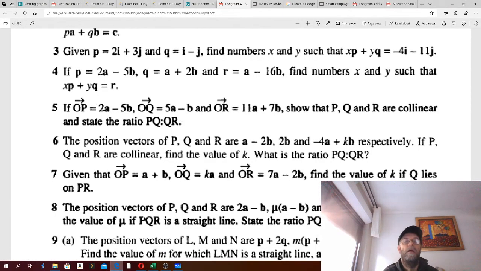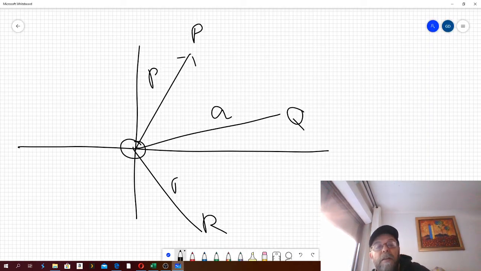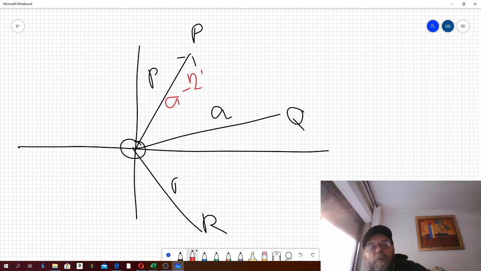So the position vectors of P, Q, and R are given as a minus 2b, 2b, and then minus 4a plus kb. So let's have a look at these. This vector here is a minus 2b.